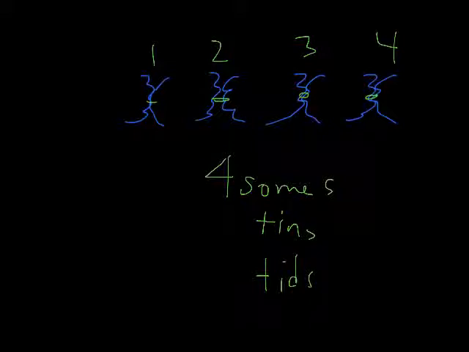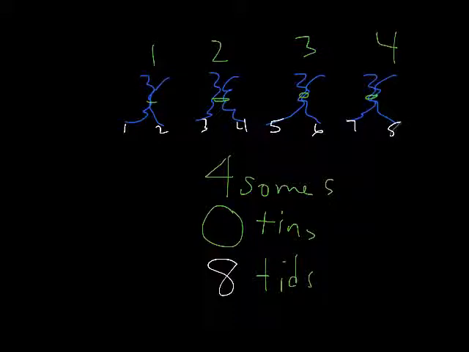Since it's coiled up and not thin, there are 0 chromatin because tin is thin. And then lastly, there are 8 chromatids because each message or each set of instructions counts as a chromatid as long as they're paired up. So 1, 2, 3, 4, 5, 6, 7, 8.